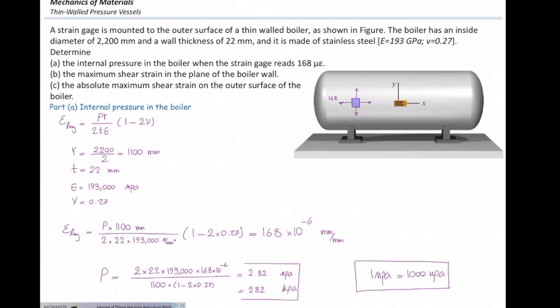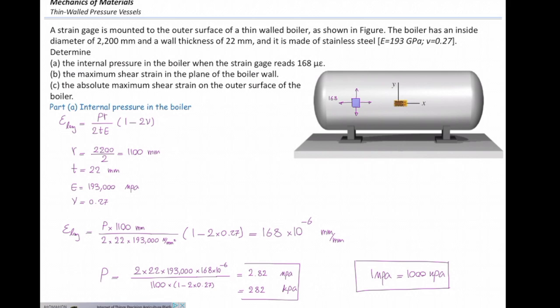The question that we have in the exam is exactly like this. A strain gauge is mounted on the outer surface of a thin-walled boiler. We know the dimensions of that boiler, including the external diameter and the wall thickness, also the modulus of elasticity and the Poisson's ratio. We want to determine the internal pressure in the boiler if the strain gauge reads a certain value.